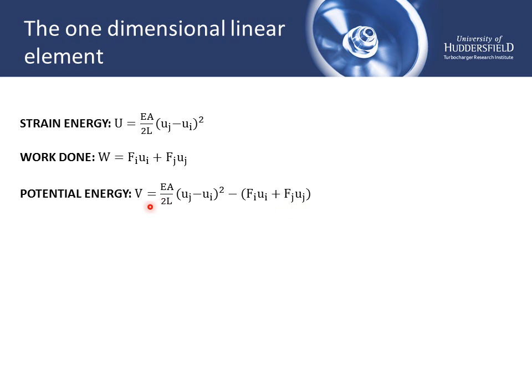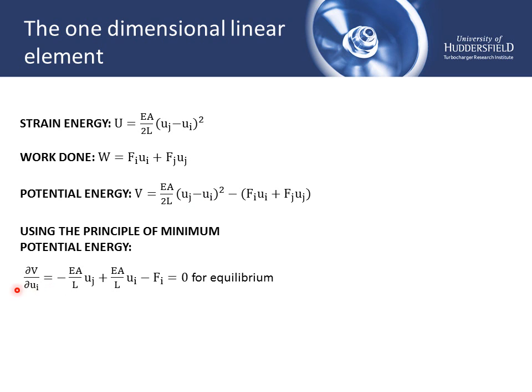Now, to work out the minimum potential energy, obviously we're going to have to differentiate this, and we're differentiating it with respect to the two displacements, so we need two separate differentiations carrying out. So here's the first one, differentiating the potential energy with respect to Ui. So we differentiate the bracket as a whole, which cancels the 2 there, then differentiate what's inside the bracket, which is going to give us a minus sign, so we get minus that term, and then plus that times that.